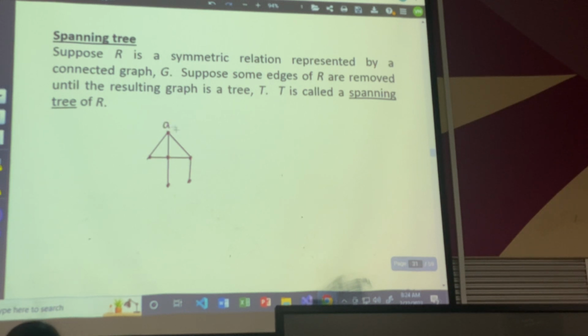Let's say I label them A, B, C, D, E, and F. Which edges do we need to remove in order to get this undirected tree? BD. Which one? The edge from B to D. B to D. Oh, this one is two edges already, right? Can we remove them one by one?